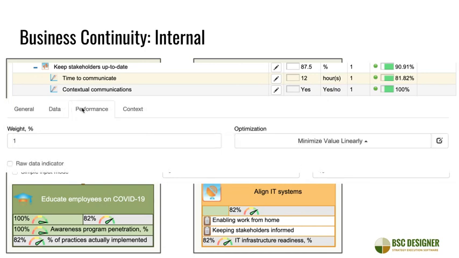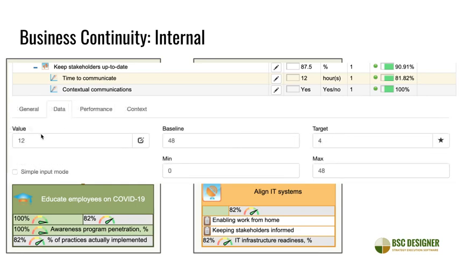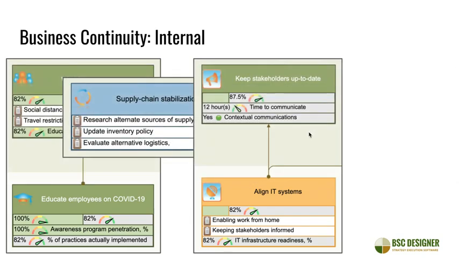And if I switch to the performance tab, I will see that the optimization for this indicator is set to minimize value linearly. It means that we want to respond faster, want to minimize the value of this indicator, not 12 hours, but to get to 4 hours. So that's the setup for this indicator.